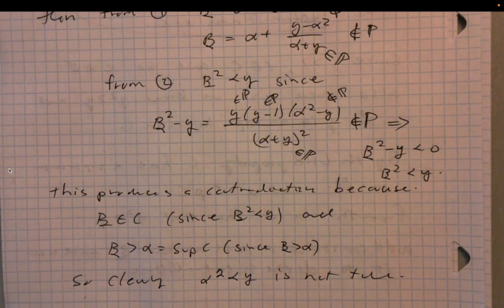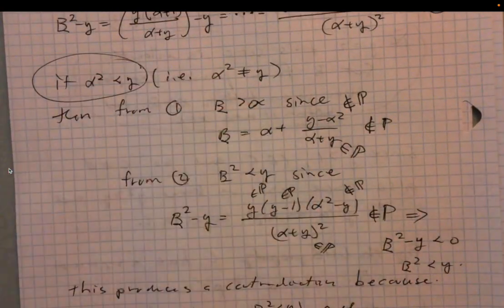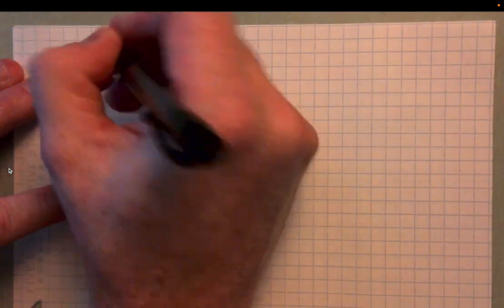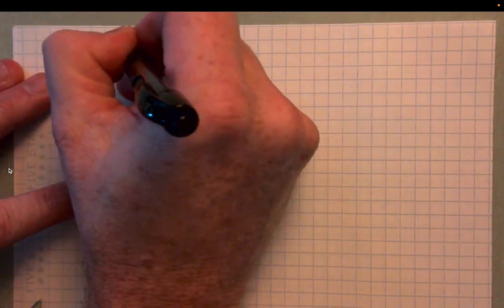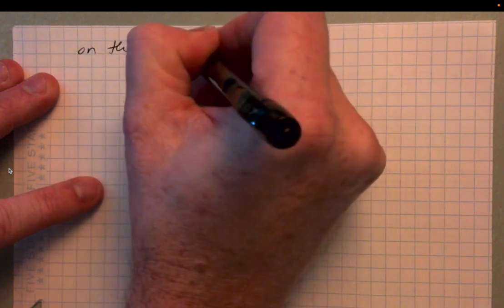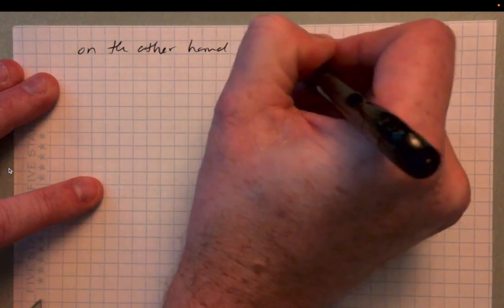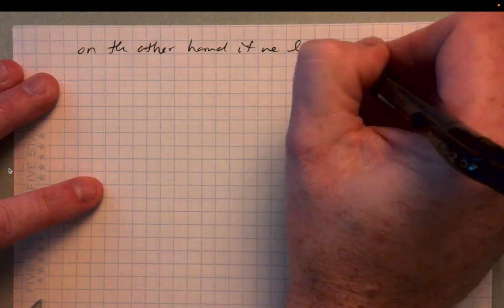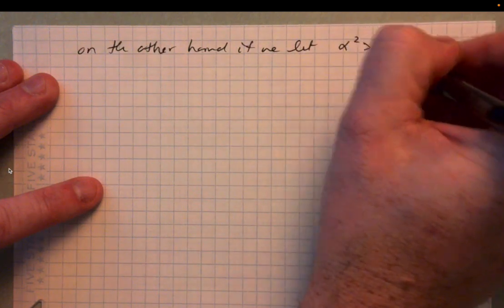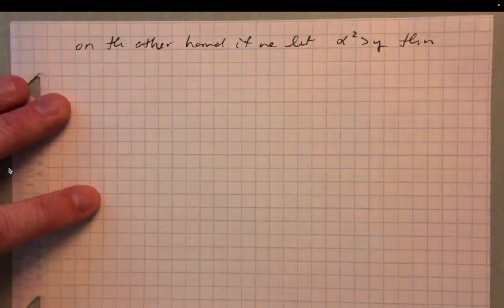Okay, and so this all comes from us assuming that. Well, let's go the other direction then. Let's see what happens if we do it the other way. On the other hand, if we let alpha squared be greater than y, then what do we get?